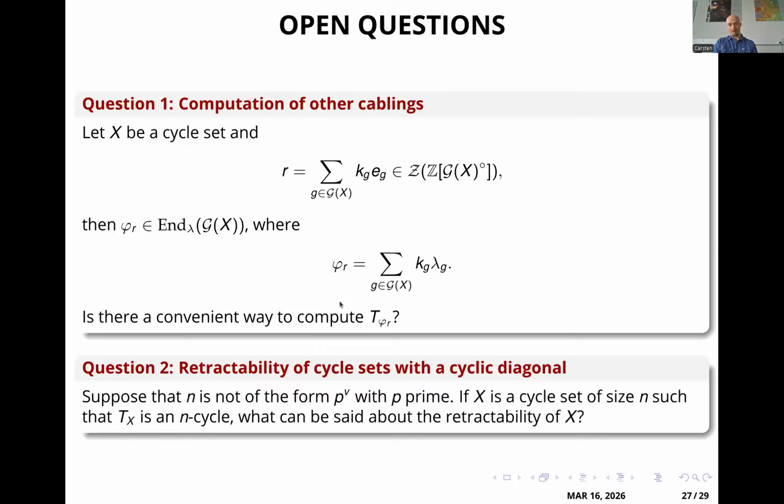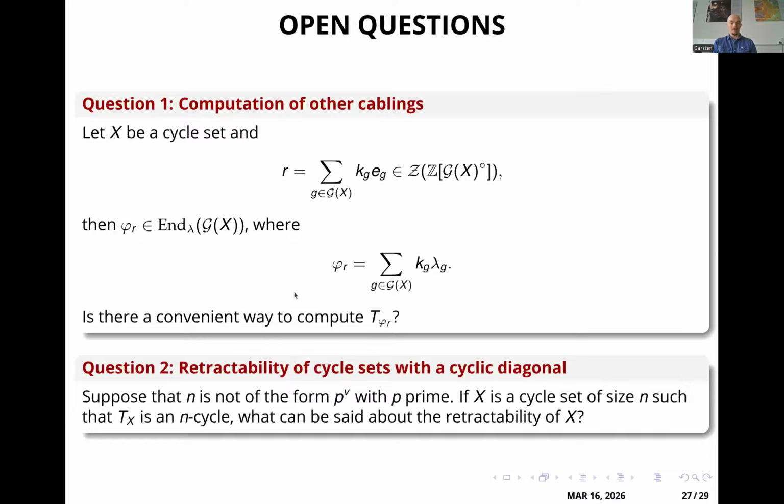So can we say more? Because we could say at least something when we cable by lambda z or by, say, elements coming from the group algebra over the center of G of X, but can we say more? Or can't we say anything at all?